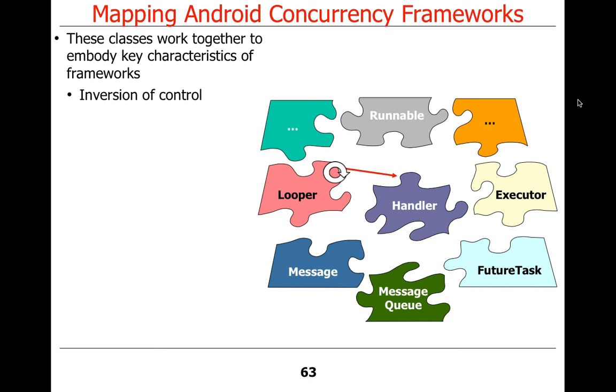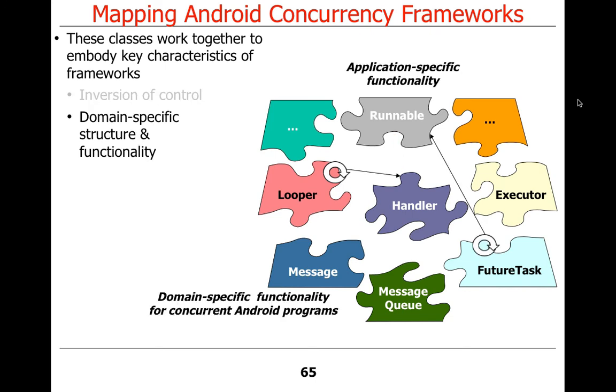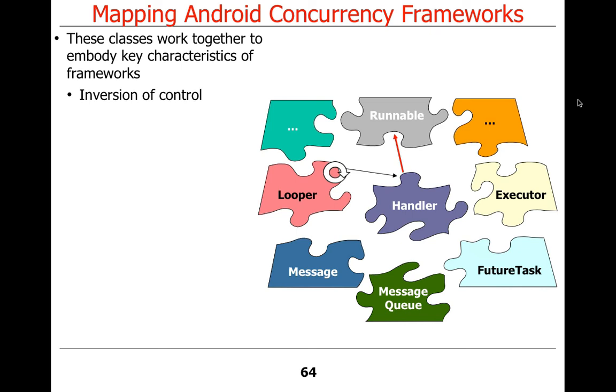It yanks the thread of control out of your application's hands and grabs onto it and says, mine, mine, mine, right? And when something interesting happens, it dispatches callbacks on registered tasks or handlers or whatever. That's what inversion of control means. Inversion of control is sometimes humorously referred to as the Hollywood principle, because it says, don't call us, we'll call you back, right? So you can always remember inversion of control equals Hollywood principle.